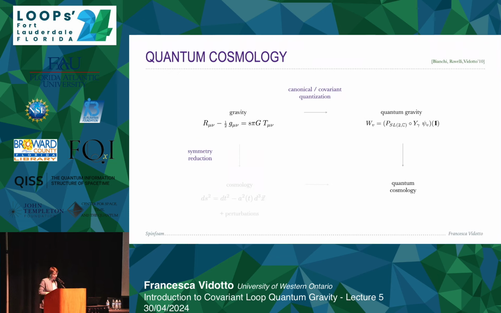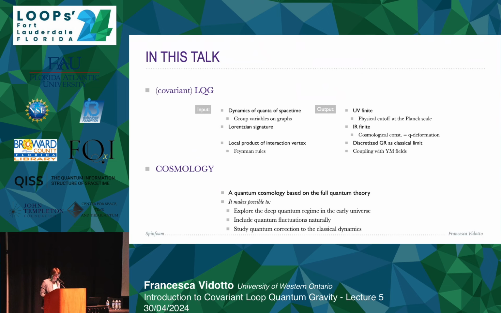By the way, at the canonical level, a lot of work in this respect has been done by Jonathan Engle, so you can ask him about that. What I will focus on here is something a bit more mild than what Jonathan did. So let me tell you. So instead of using the canonical dynamics, we want to use the covariant dynamics.